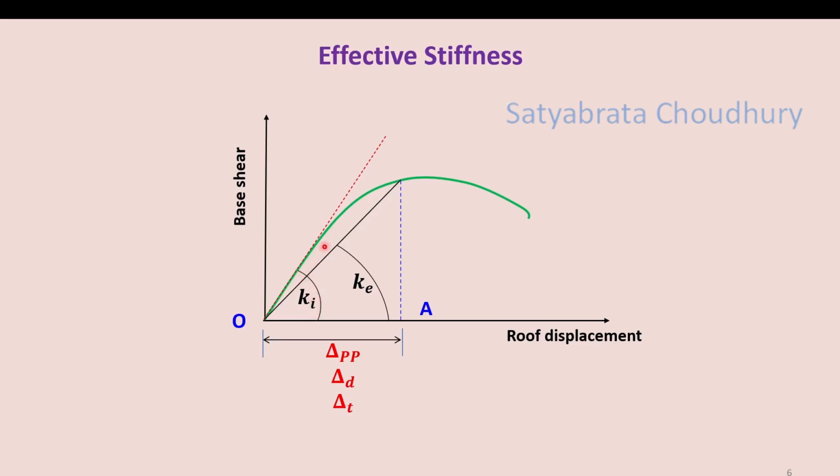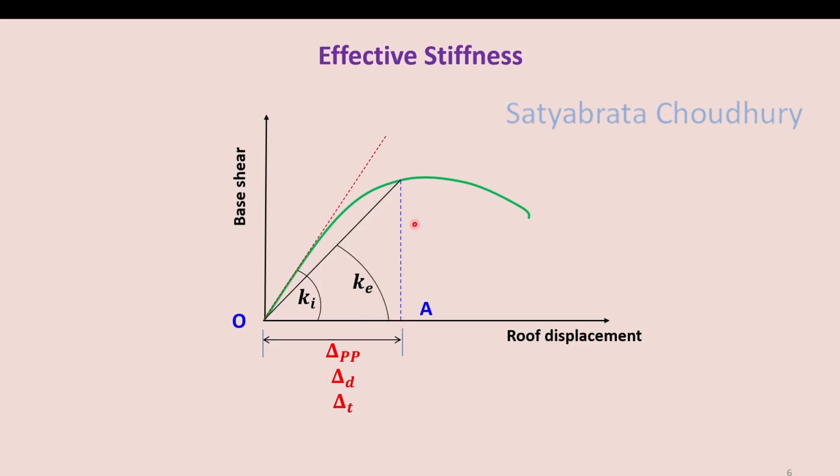Then gradually after yielding it becomes non-linear, and at any point on the non-linear part of the curve, if you want to know the stiffness, then you have to join the origin and this point. The slope of this line joining origin and the point concerned is called the secant stiffness, also known as effective stiffness, given by Ke.